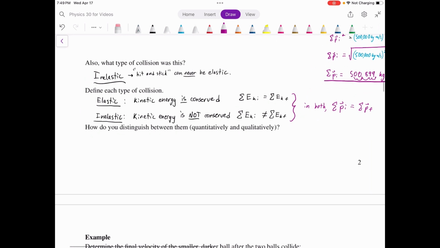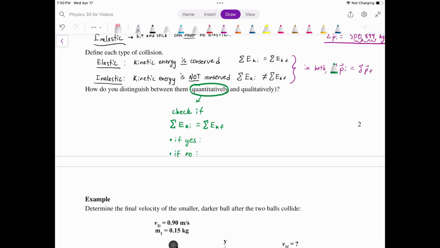And then how do you distinguish between them? We kind of just talked about it, right? How do you do it quantitatively? That means with numbers and calculations. You just check if this is true or if this is true. You add up the kinetic energy of every object before and see if it's the same as the kinetic energy added up for every object after.